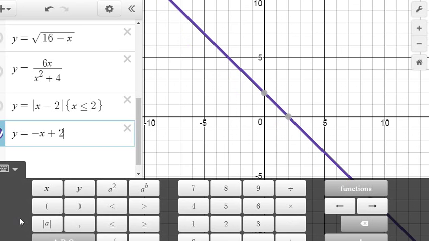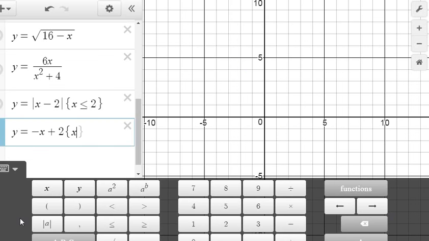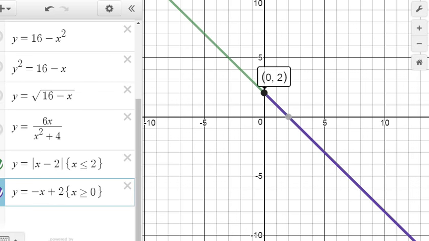That's everything. I need to make a little restriction. And that restriction should be that x has to be what? Yeah, it has to be greater than or equal to 0. x is greater than or equal to 0. And that's perfect. So there's my function, and here's its inverse. They kind of overlap here a little bit in the middle, but you got the function and its inverse.